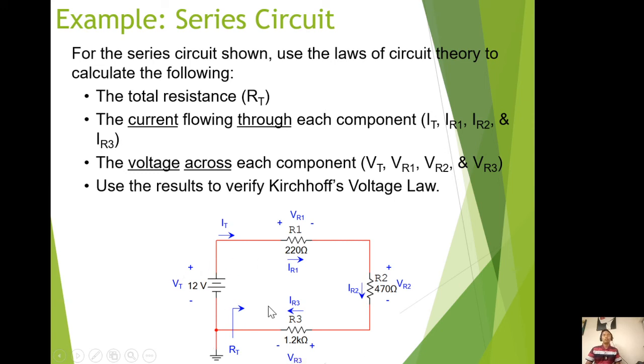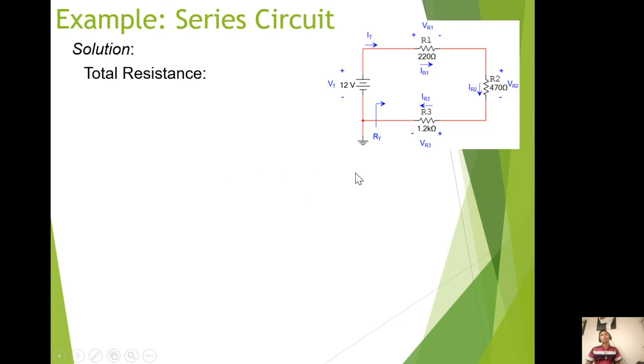This time you can solve for the total resistance since all of the resistances are given. The total resistance is just adding, as we learned: 220 plus 470 plus 1.2 kilo ohms.